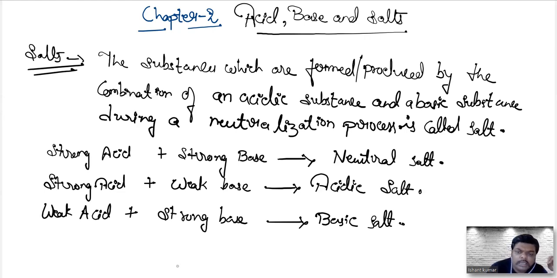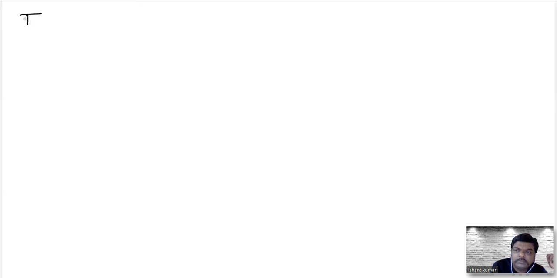Now I am going to classify the salts on the basis of the anions which they contain. When we classify the salts according to the anions present in them, we term them as the families of salts.